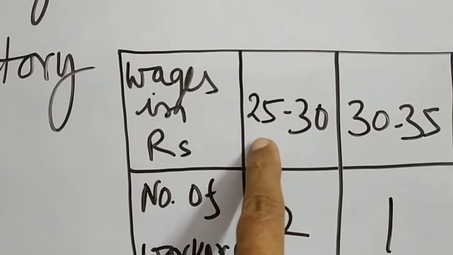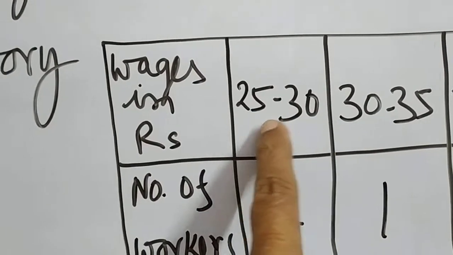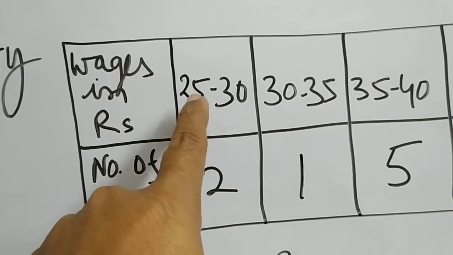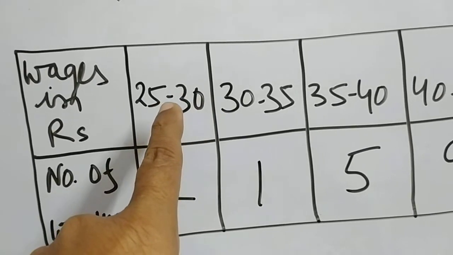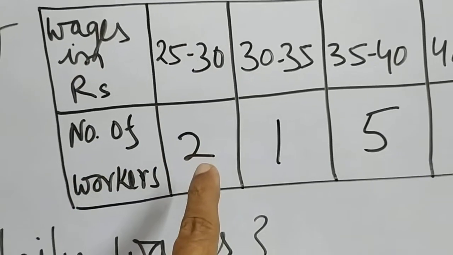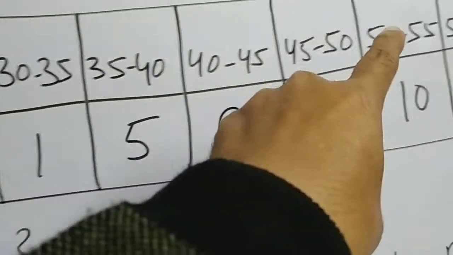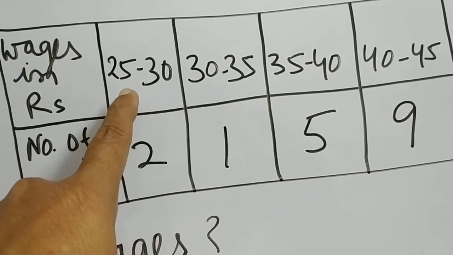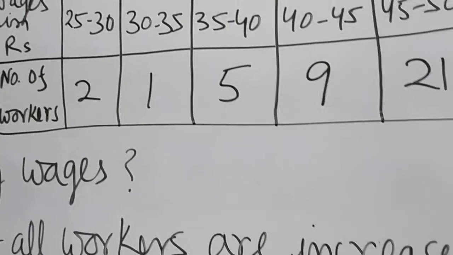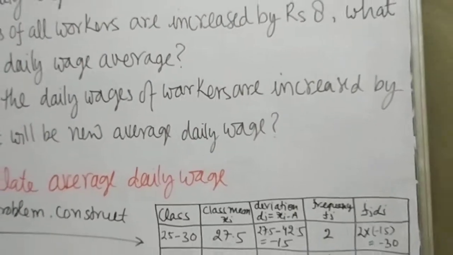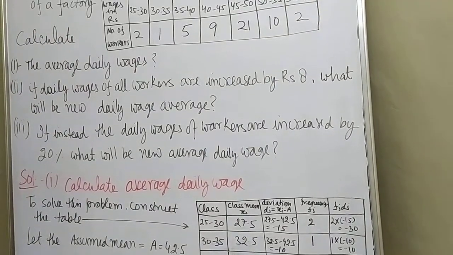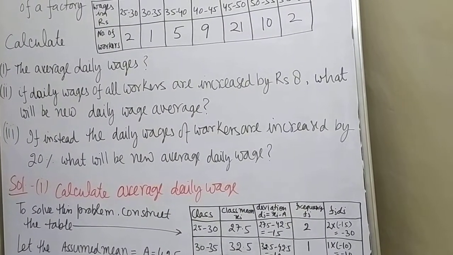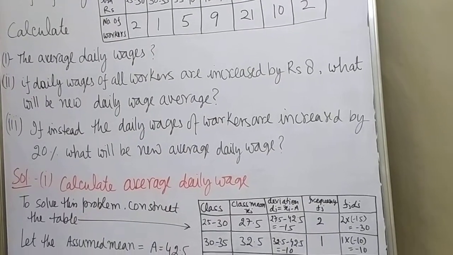In this, it is a class. This is a range or span, whatever you can say. So this type of data represents the class, and this is frequency. So take this row as the column of class. Let's see. 25 to 30, then 30 to 35.